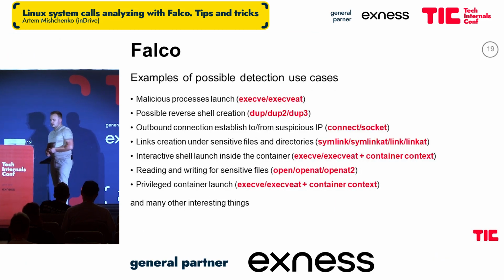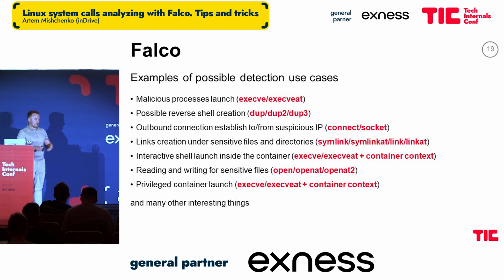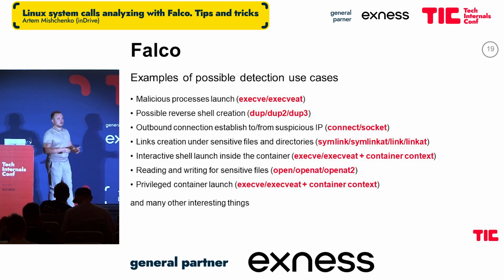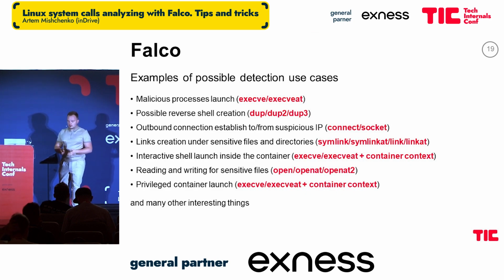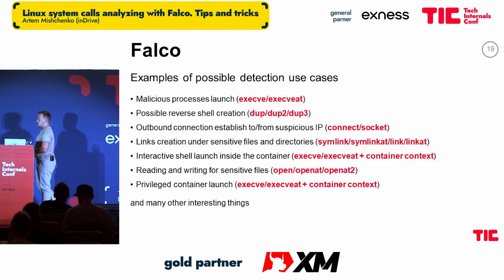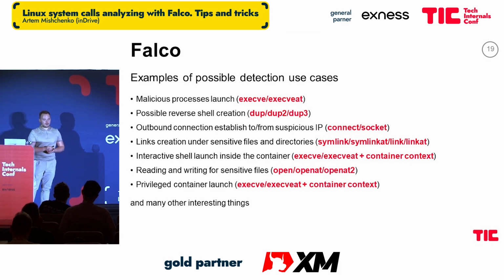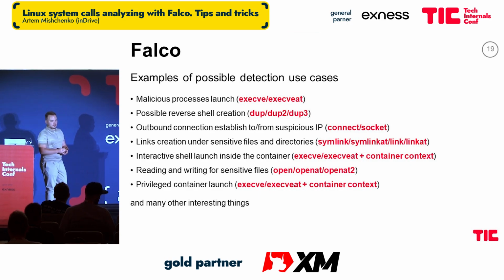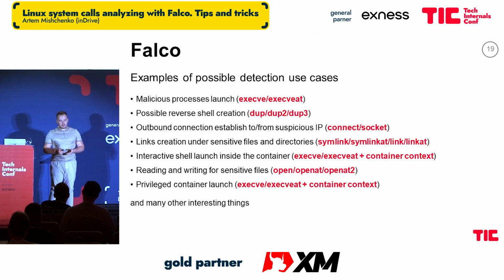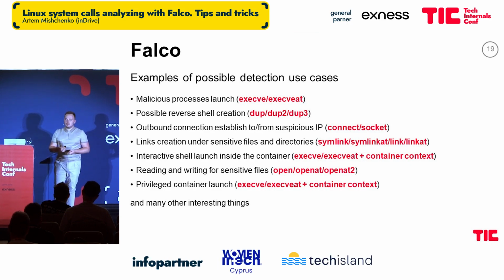These are several examples of possible detection use cases with Falco. Why do we need Falco? What can we do with it? We can detect some malicious process activity. We can detect some attempts at creating reverse shells using duplication of main file descriptors like standard input or standard output to the network.